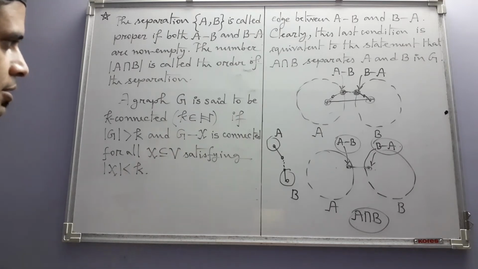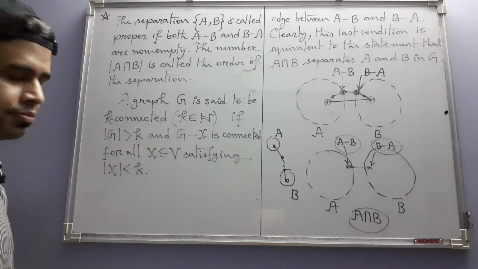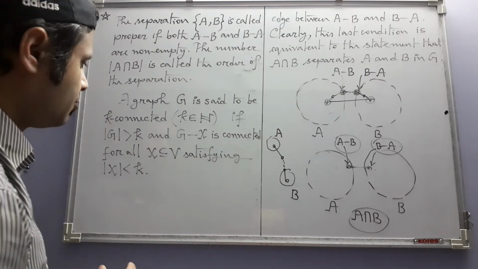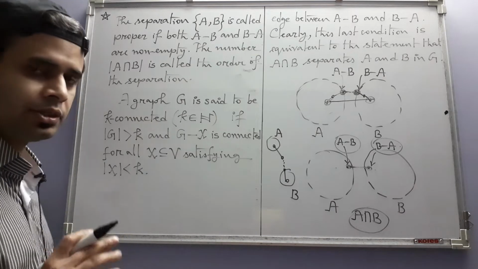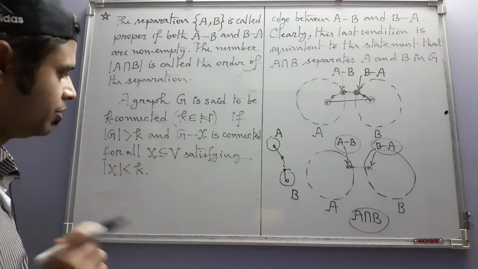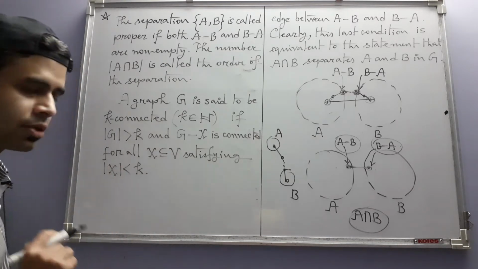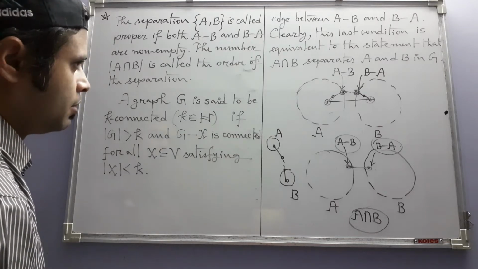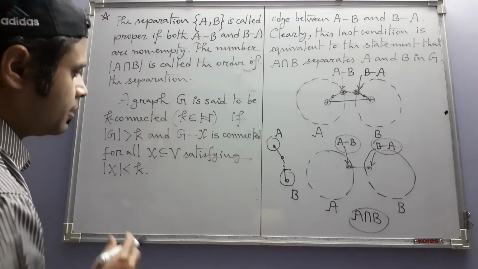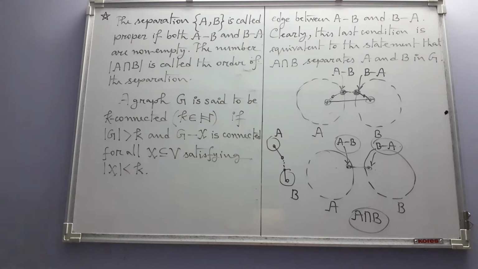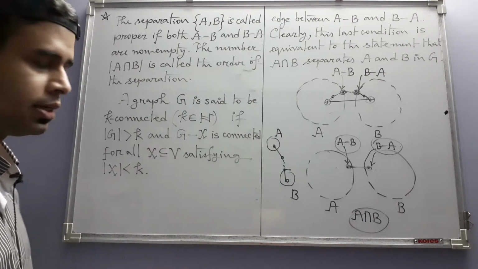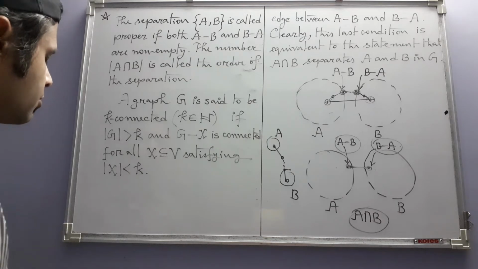If this happens, then we say that the graph is k-connected. It may be somewhat difficult to see what the definition means when one looks at it for the first time. Let us just go through it, and then of course we will see the illustrating example and things will be much more clear.